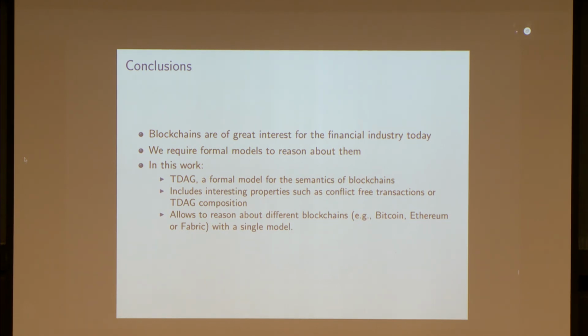We include interesting properties such as conflict-freedom of transactions, and how we can compose TDAGs, or how we can compose blockchains. Perhaps the most interesting insight is that it allows us, for the first time, to reason about different blockchains, Bitcoin, Ethereum, or Fabric, within a single model, abstracting away the peculiarities of each of them.